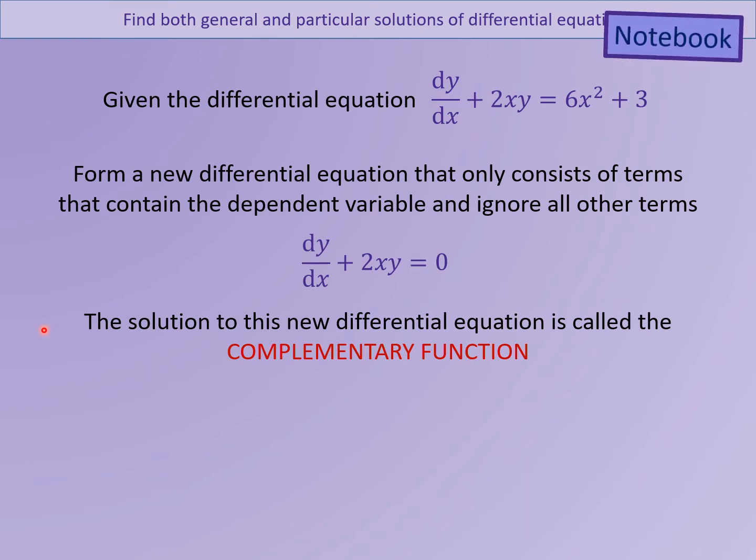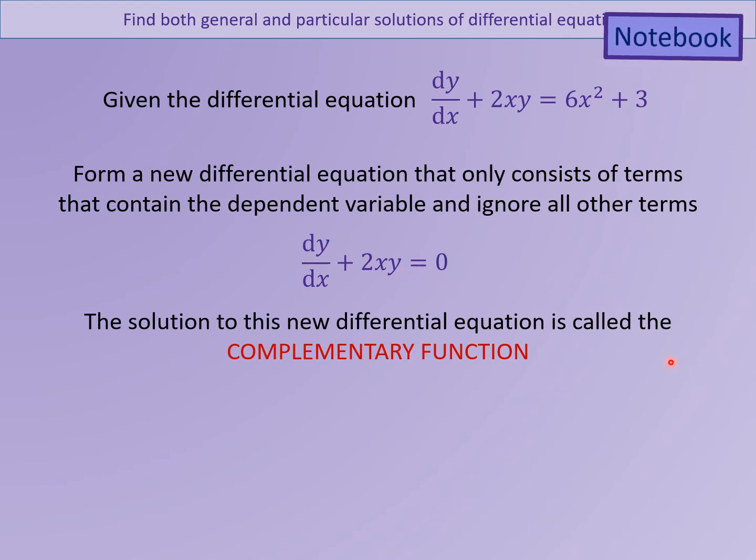The complementary function is the function you get by using just the dependent variables and setting it equal to 0. When you've solved it, you get a solution. You guys might have got the solution already from when you solved it by separating it, and the solution you've got is called the complementary function. So you always get the complementary function by setting it equal to 0 and finding a solution.